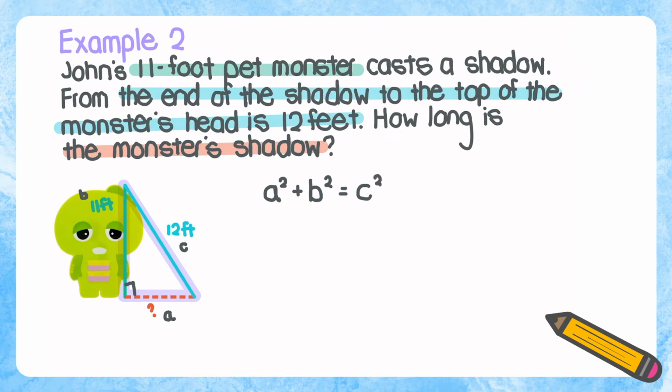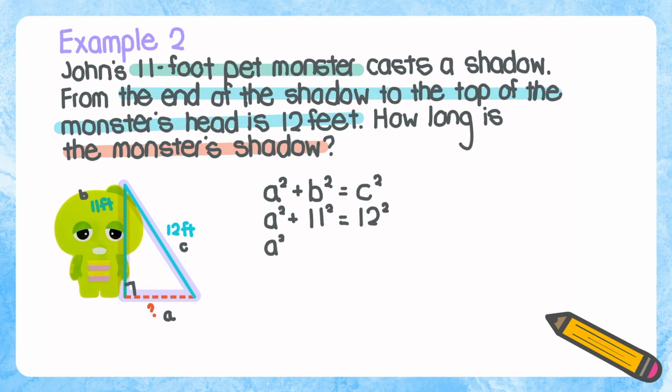So we don't know what a is, so we'll leave it as a squared, but b is 11, so 11 squared equals 12 squared, because c equals 12. And from here, we're going to solve for a step by step.